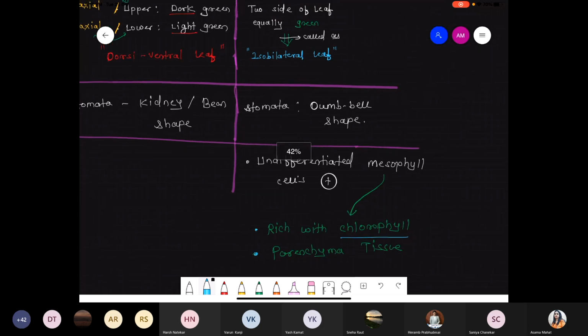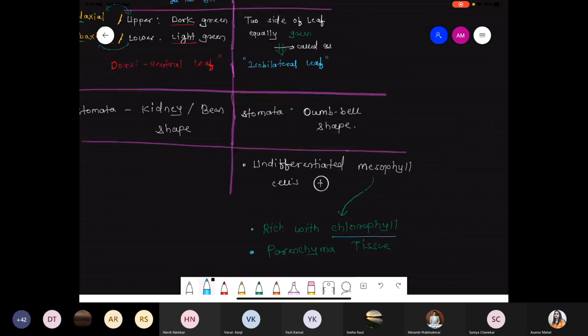Can you give me some alternate name for the mesophyll? Any parenchymal tissue that is rich with the chlorophyll is called as. हमने देखा था ना types of parenchyma. Remember types of parenchyma. Yes, these are the chlorenchyma. Very good. So mesophyll cells specifically are present inside the leaf. Number one.